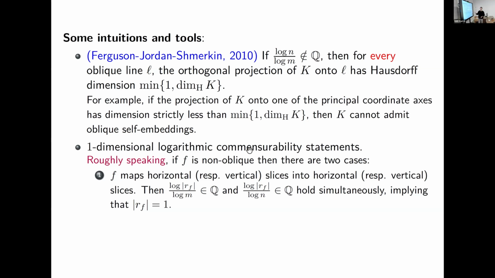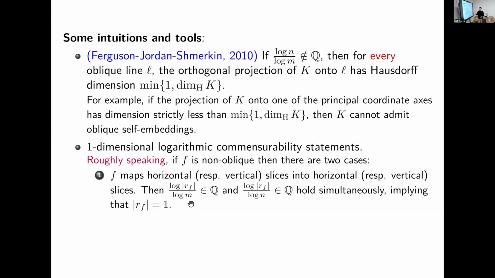And since it maps vertical slices into vertical slices, by looking at some particular vertical slice, we can show that the contraction ratio of f is actually a rational power of m. So both of these commensurability statements hold simultaneously. But we know that n and m are independent. They are not rational powers of each other. So there is only one case, that is, the contraction ratio is nothing but 1.